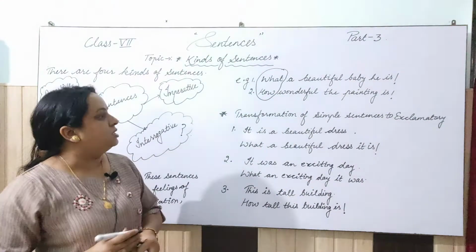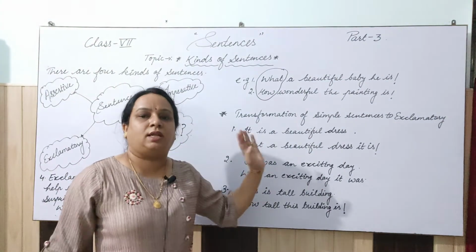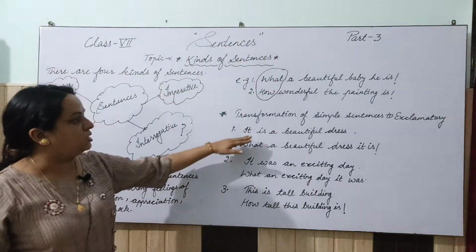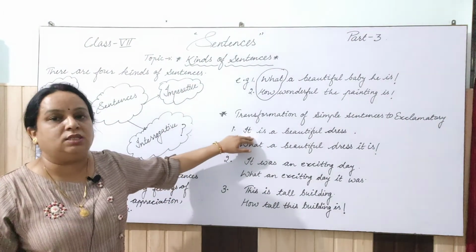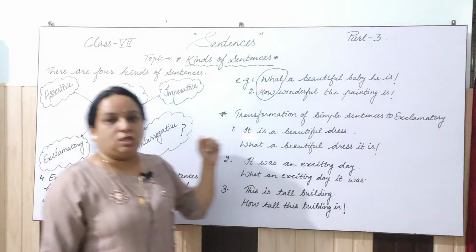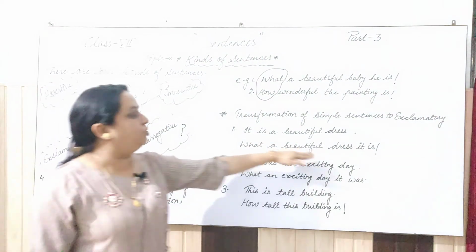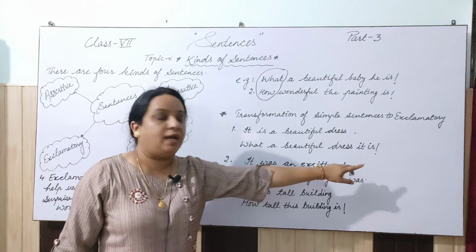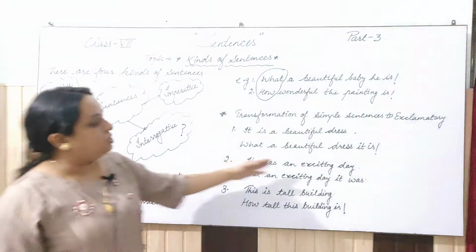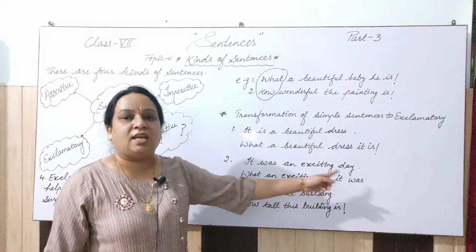Now the next thing is how you can transform simple sentences into exclamatory sentences. Suppose the first sentence given to you is a simple sentence and you have to change it into exclamatory. It is a beautiful dress. So what you will do: what a beautiful dress it is, and in the end there will be a sign of exclamation. Second one, it was an exciting day. So what an exciting day it was.